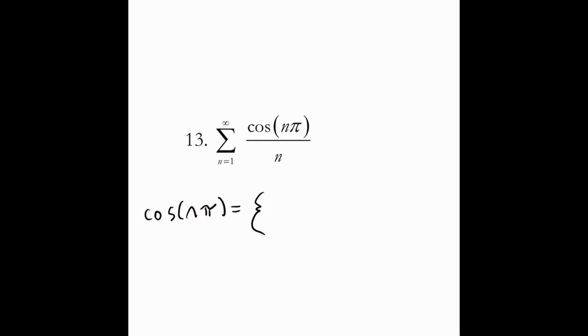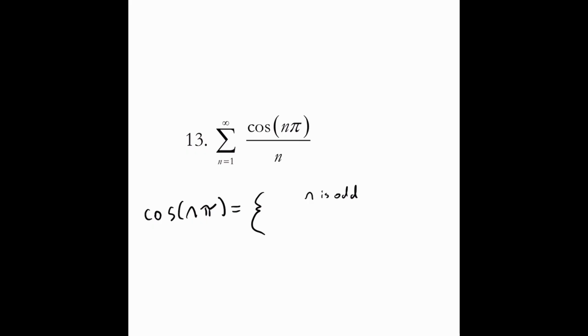Because if n starts out at 1, for instance, that's going to be cosine of pi. If n is odd, cosine of pi, cosine of 3 pi, cosine of 5 pi, right?